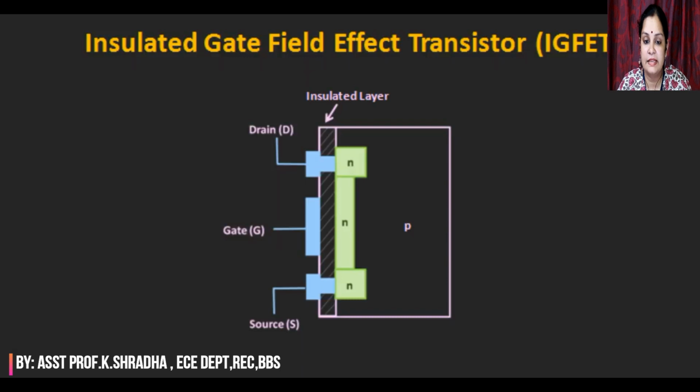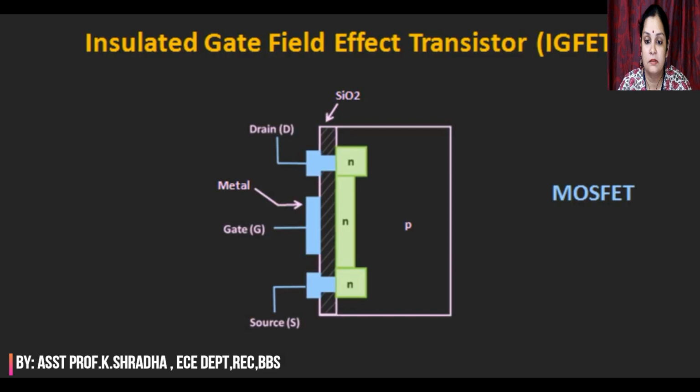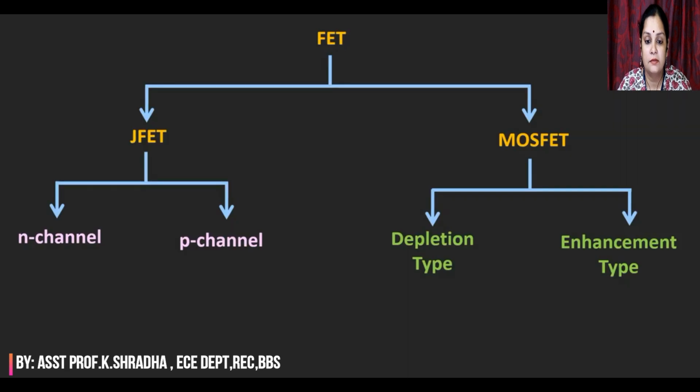The IGFET uses an insulating layer between the gate terminal and the channel, and typically this insulating layer is formed from the oxide layer of the semiconductor. Here the name IGFET refers to any type of FET which has an insulated gate, and the most common form of IGFET is the MOSFET.